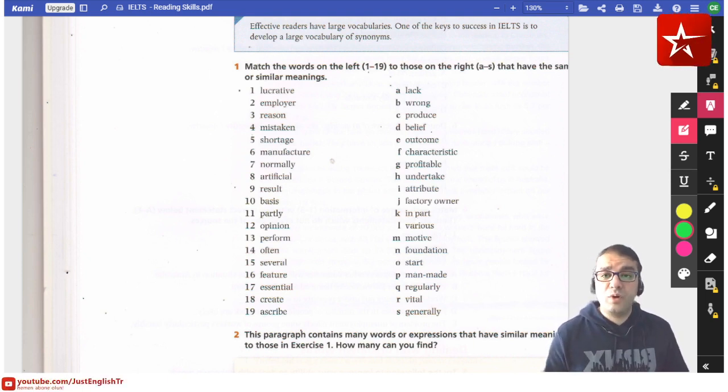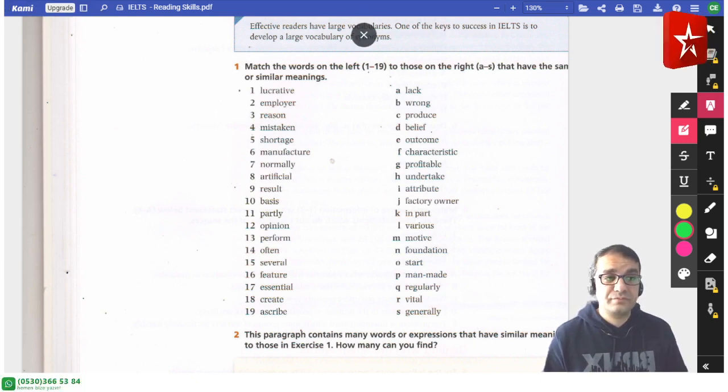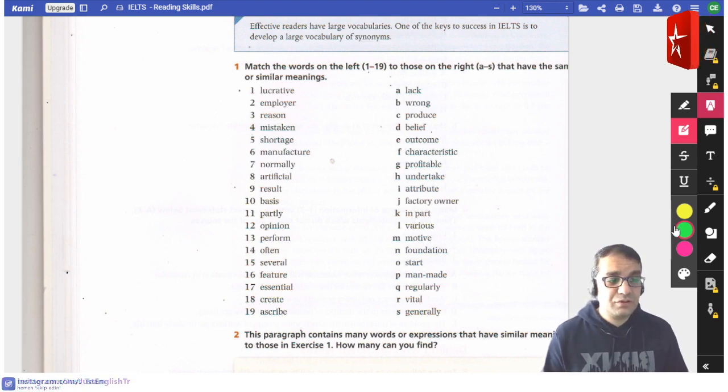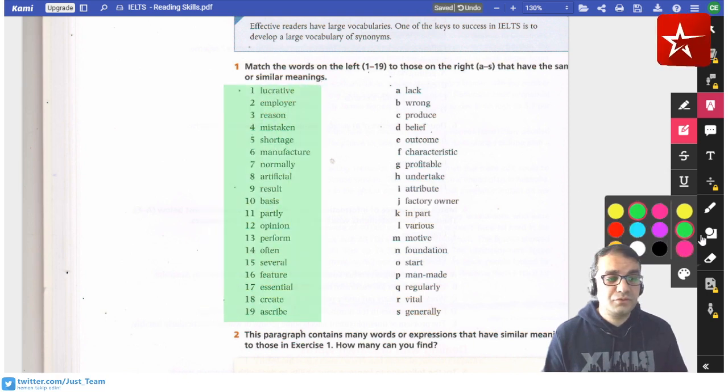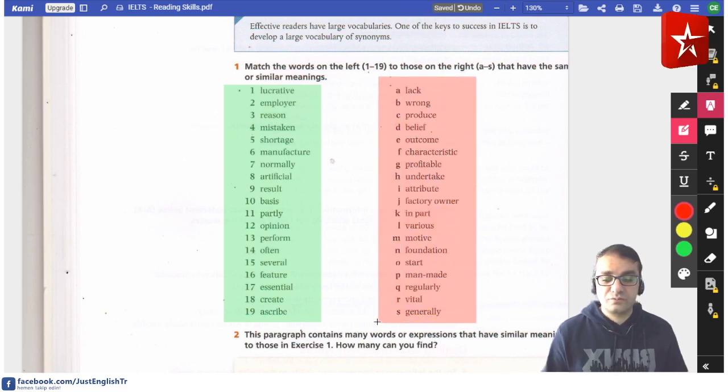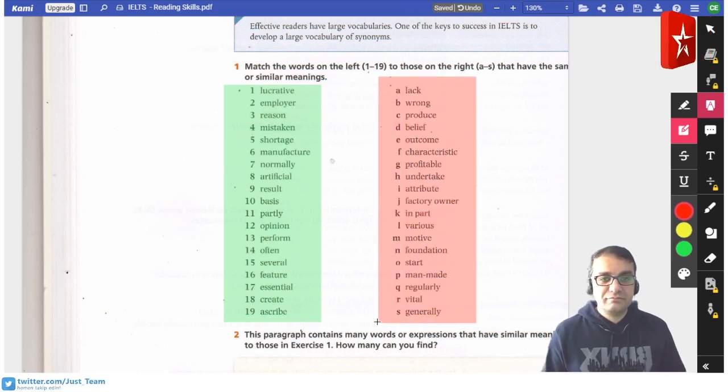Let's go for number one. What is the word exactly that we are looking at? Dylan, your turn now. The green zone, put it with the red zone. Which one from the green is effectively matched with the red one?